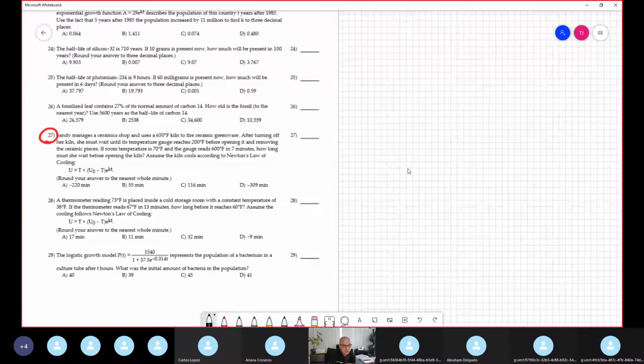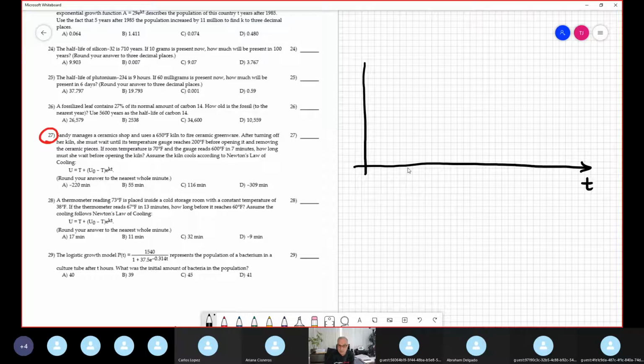If the room temperature is 70 Fahrenheit degrees and the gauge reads 600 in 7 minutes, how long? Okay. Too many words. However, the idea is clear. It's a typical cooling process, no?